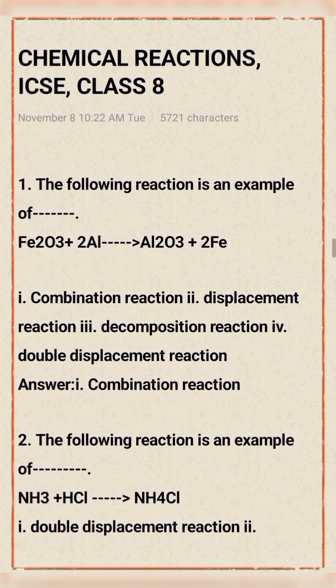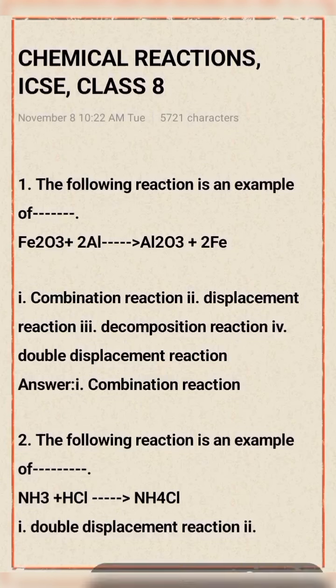Question number 1, the following reaction is an example of Fe2O3, ferric oxide, plus 2Al, aluminium, gives aluminum oxide Al2O3 plus 2Fe. The options: combination reaction, displacement reaction, decomposition reaction, double displacement reaction.